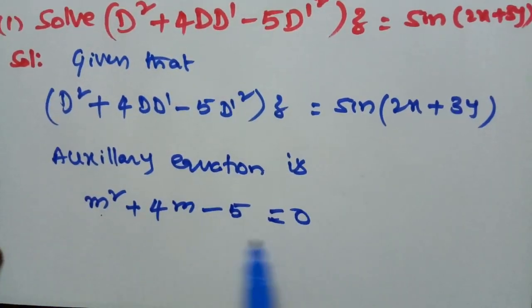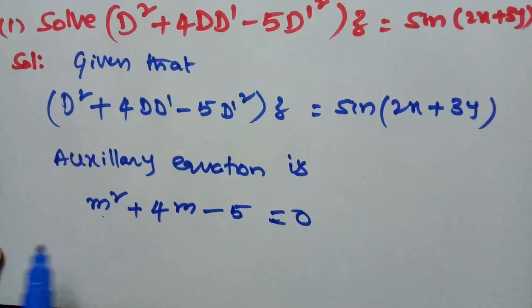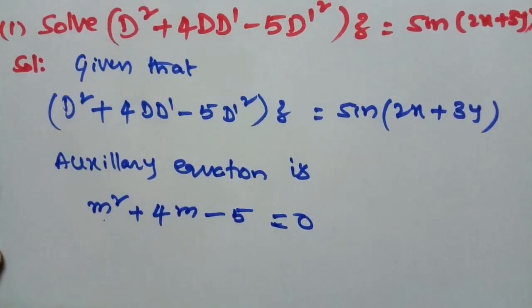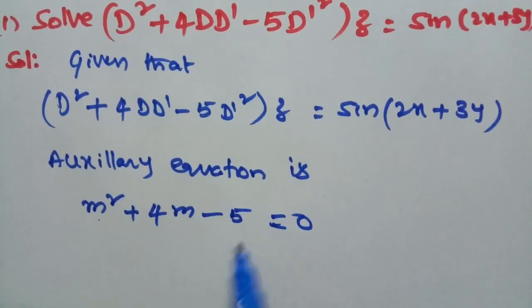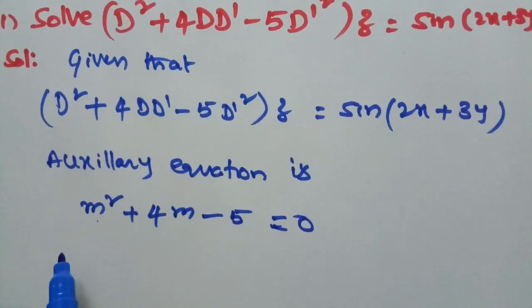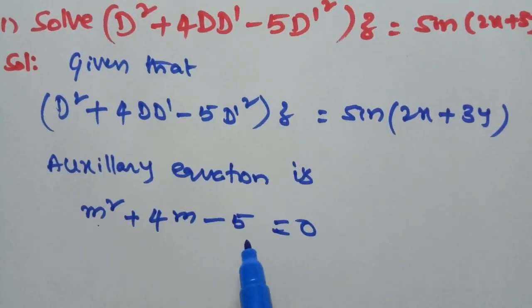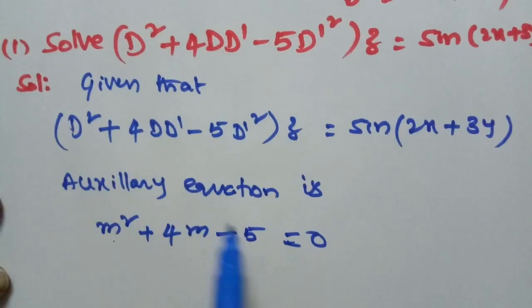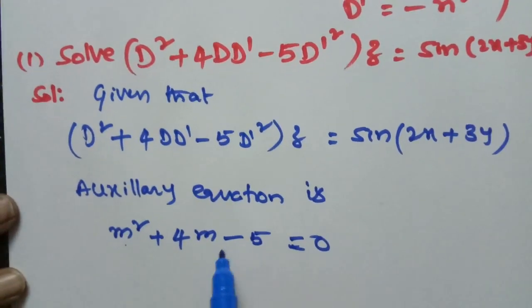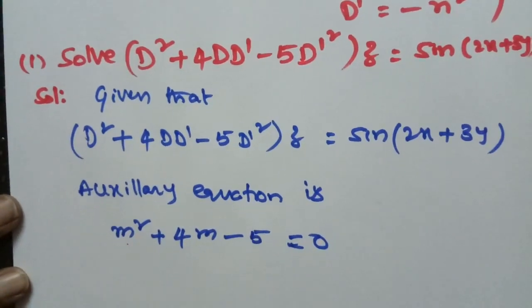Therefore, this is a second degree quadratic equation. So first find the roots for this equation by using factorization. Here 1 into minus 5, that is minus 5.